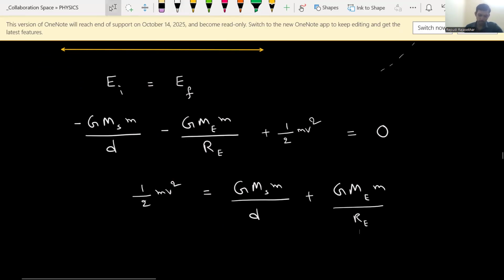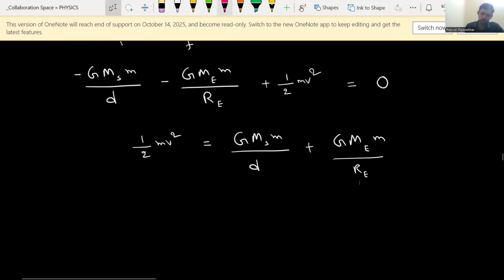Now here we can cancel small m. If you observe the left side and the right side, we can cancel the mass of the rocket. That means, a very important point here: escape velocity does not depend on the mass of the rocket. Clear? Escape velocity does not depend on the mass of the rocket.